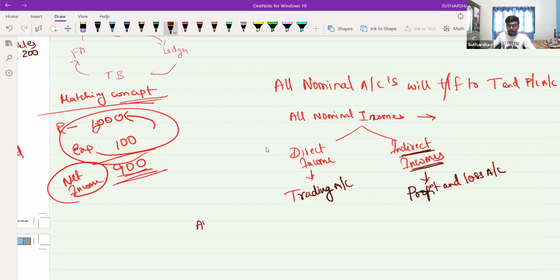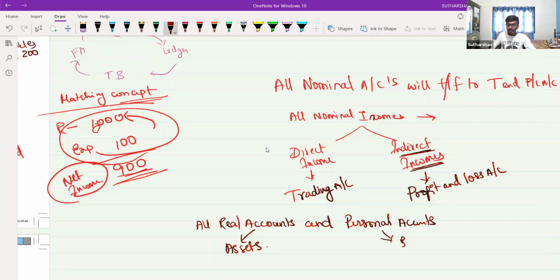Then all real accounts and personal accounts. Real accounts include all assets, and the personal accounts include banks, outstanding salaries, debtors, creditors, bills payable, bills receivable.